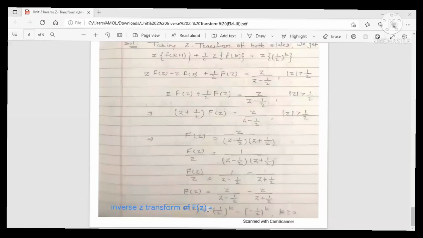Inverse Z transform of f of Z means apply the inverse Z transform on both sides.